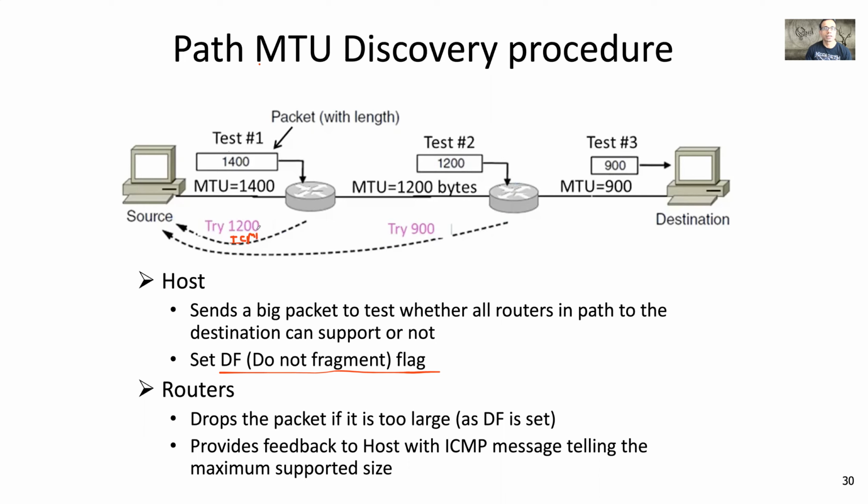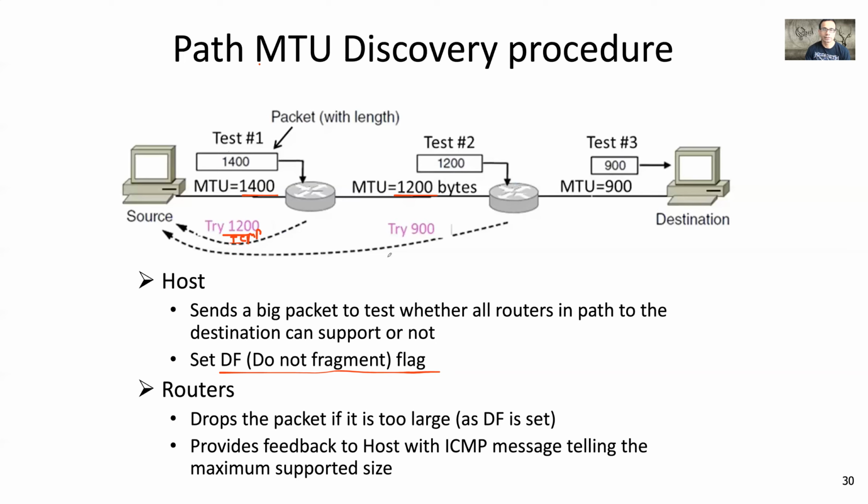So what the source can do is it first tries 1400 because that's the MTU it has. This router can only fit 1200. So it sends back an ICMP message saying try 1200. Then it tries 1200. It goes through here. This router cannot fit that.